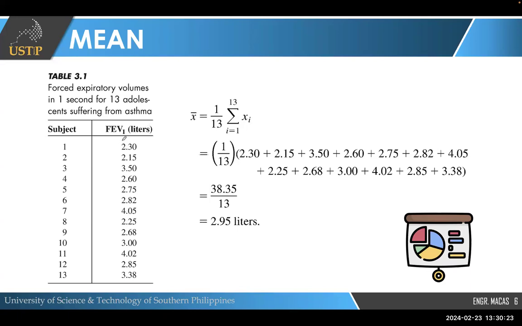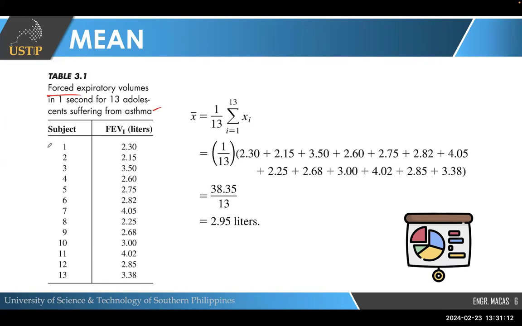FEV, just to give you an idea, is a type of test to know the lung function of a person, especially if they're suffering from asthma or any respiratory disease. What they do is have the patient inhale deeply, and after which they force an exhale. Whatever they measure by virtue of their equipment, they can measure the forced expiratory volume, the air that was exhaled in 1 second.